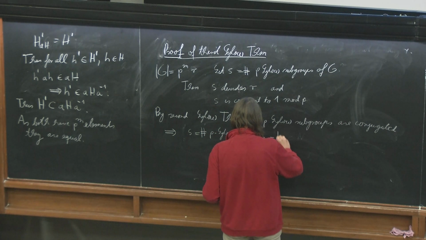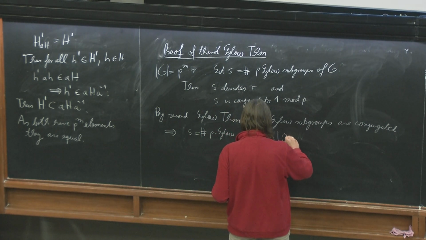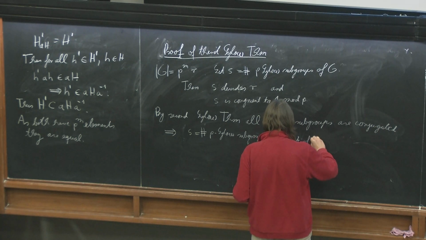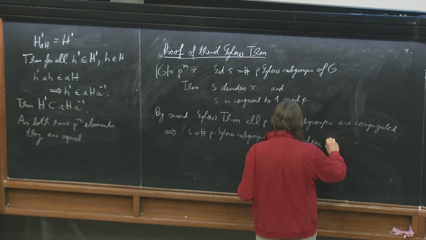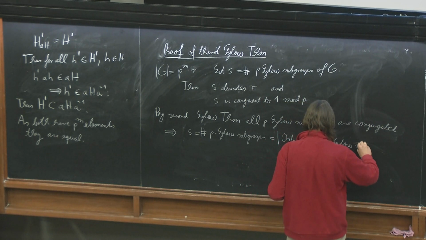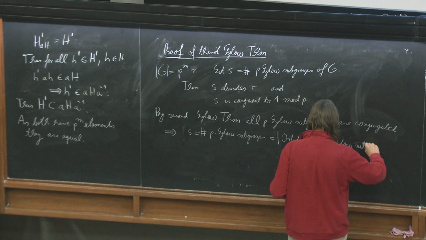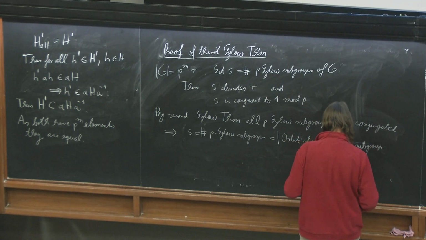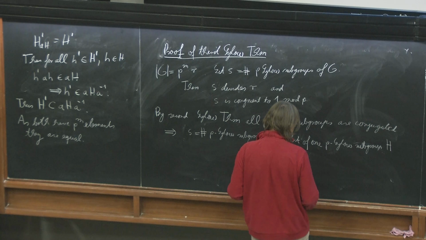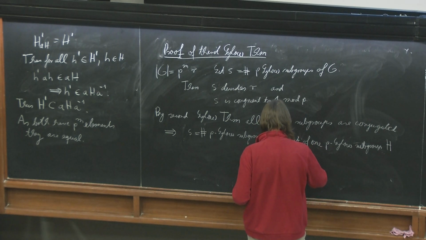It's equal to the number of elements in the orbit of one subgroup H, so one fixed p-subgroup H under conjugation.